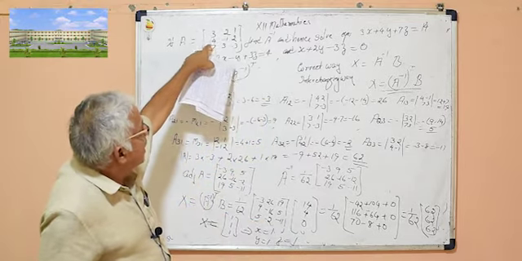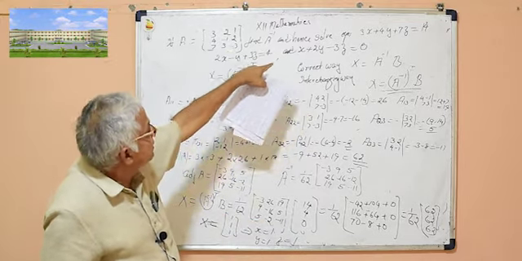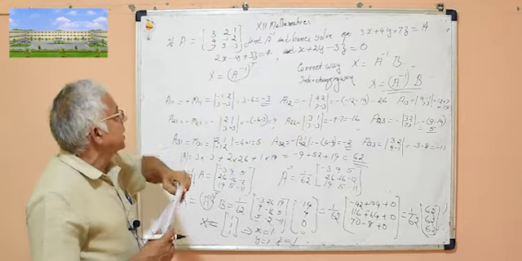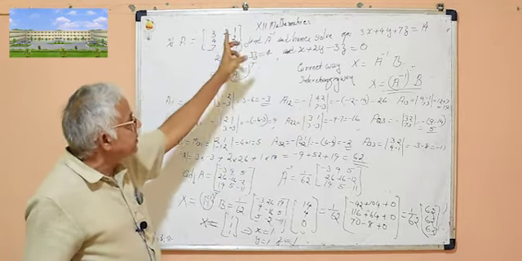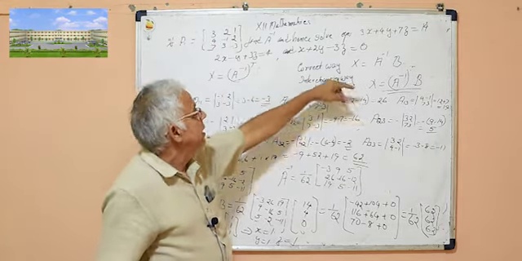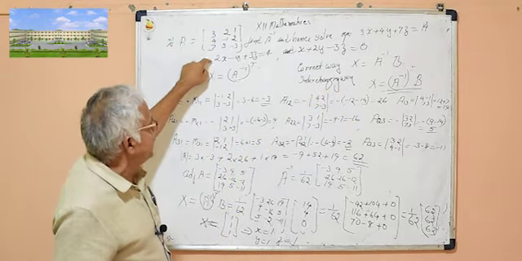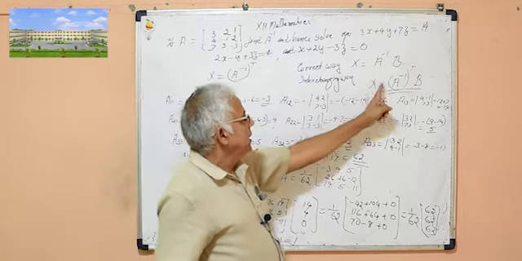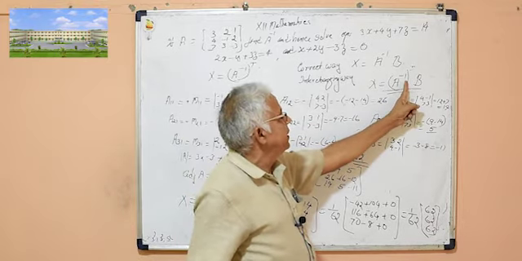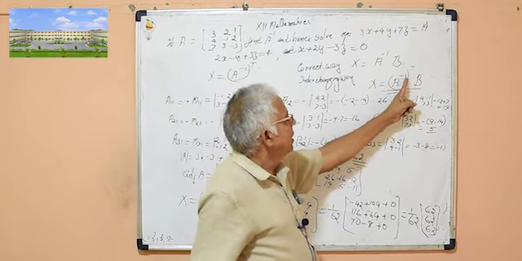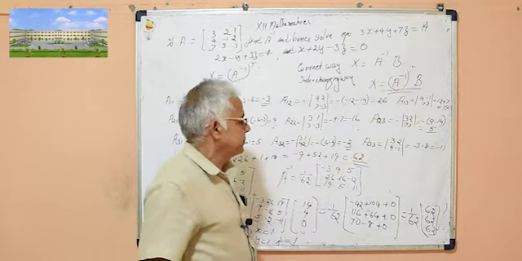Remember, if the coefficients of variables are in row base, use A inverse into B. But if the coefficients are given in the column base, we use x is equal to A inverse transpose.